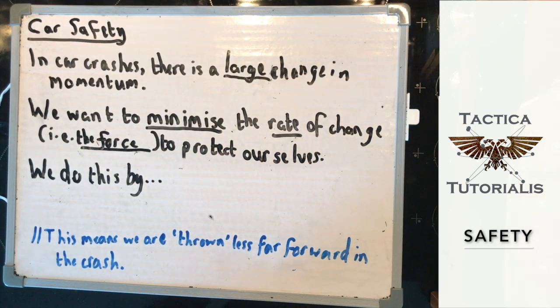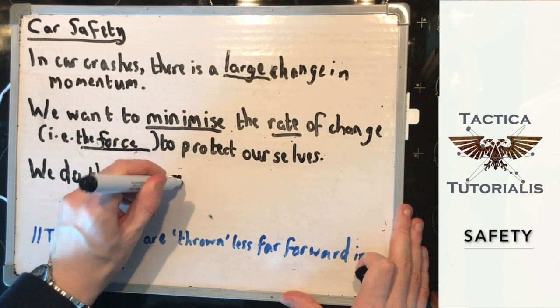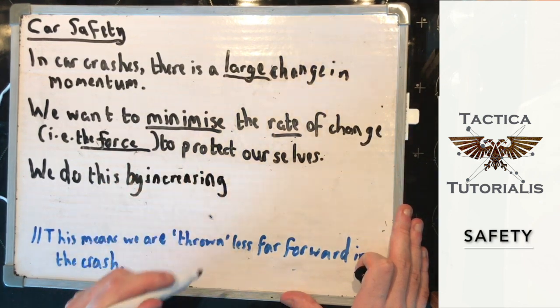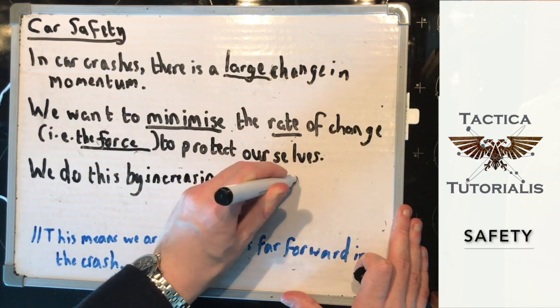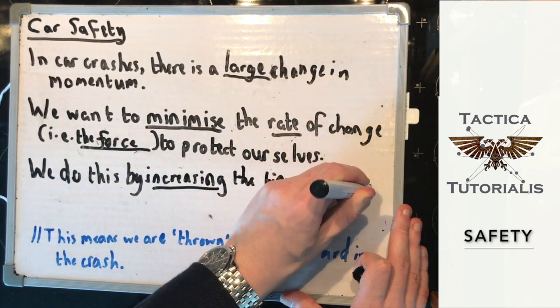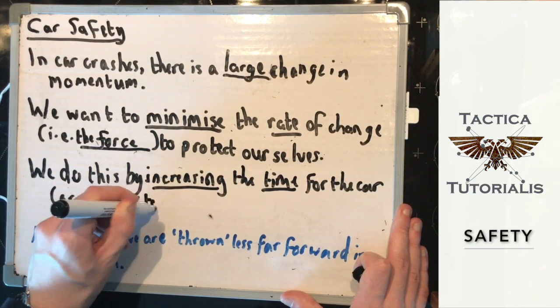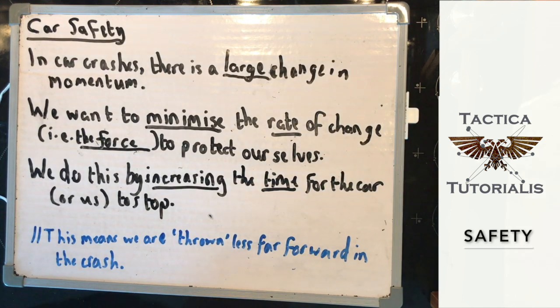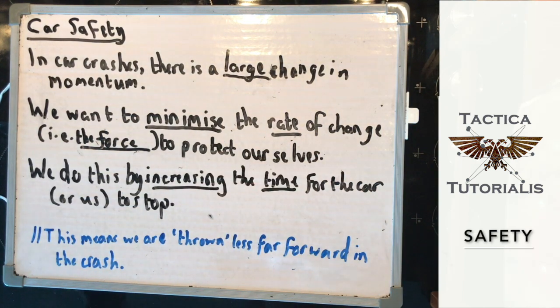And the way we do this, as we've talked about several times over this lesson and the last one, is by increasing the time for the car (or us) to stop. Because if we can make the collision last as long as we can, that force is going to come down, down, down, and thus the damage and the risk comes down with it.